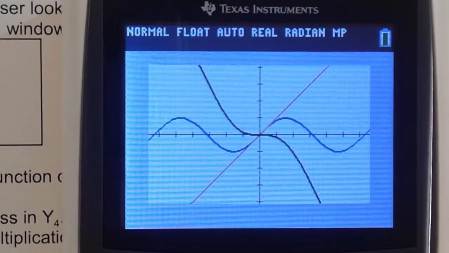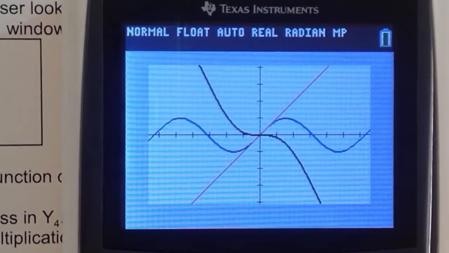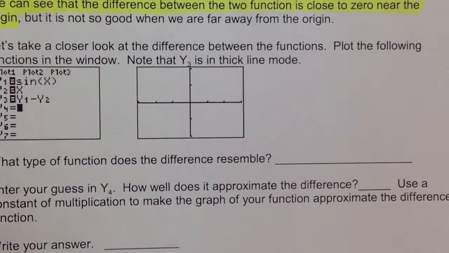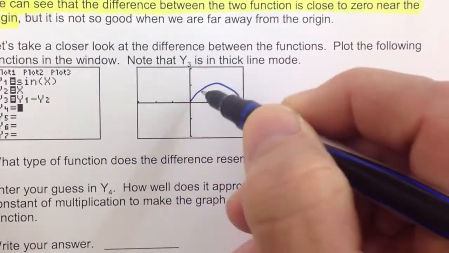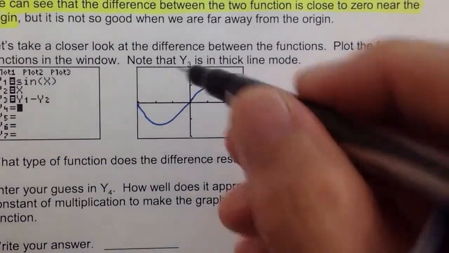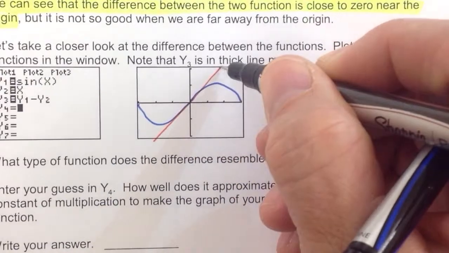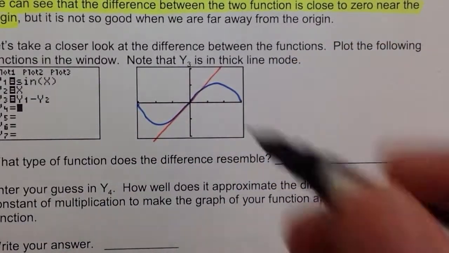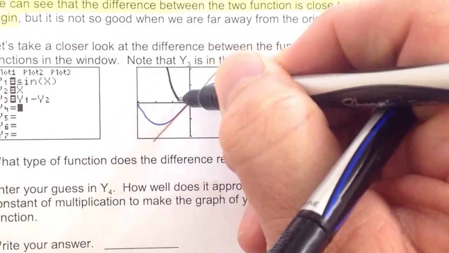Okay, so let's go ahead and draw that. If we draw that, we've got sine of x, we've got y equals x, and then we have the difference. Something like that.